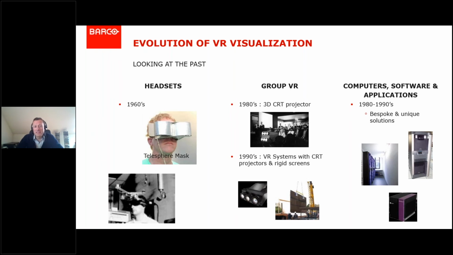But already in the 60s, there were kinds of headsets used. The Telesphere Mask, which was a kind of headset with small CRT tubes in it, was already there. Then you had, if you look at the lower picture, what is sometimes referred to as the Sword of Damocles. That was the first VR head-mounted display that was connected to a computer, done by Ivan Sutherland, by the way.